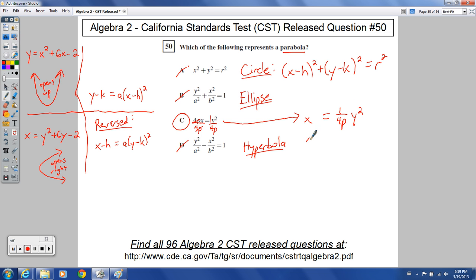This is the same thing as saying x minus 0 equals 1 over 4p times y minus 0 squared. So this one happens to be centered at the origin at 0, 0. But your a value is this 1 over 4p. It would depend if p is positive or negative as to which way it's going to open, left or right, but this is still a parabola. It can be written in that general form that we're used to seeing, just with the roles reversed. So number 50 should be choice C.